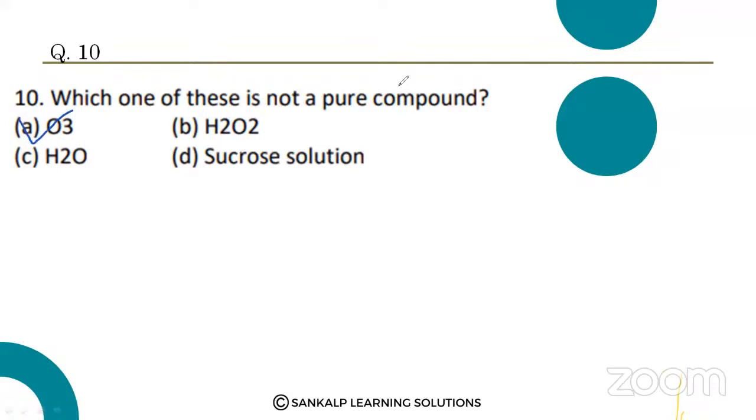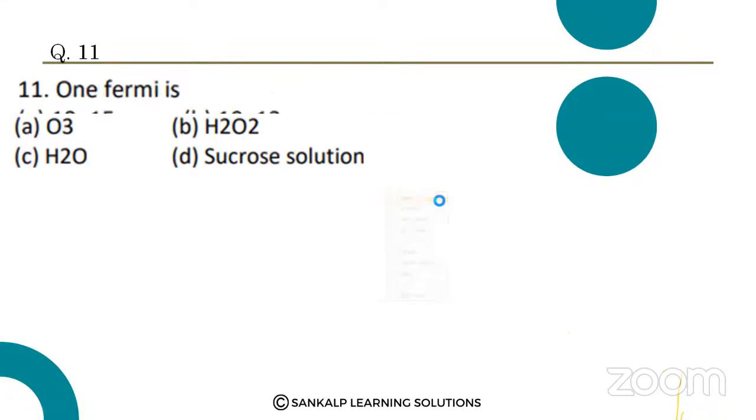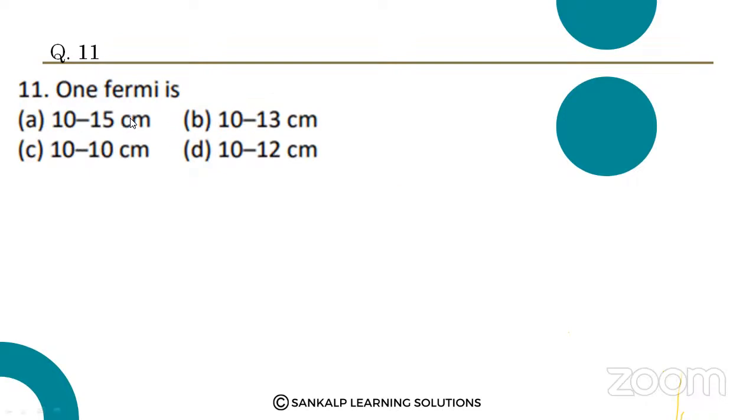Next. 1 Fermi is, okay. It is asked in centimeters, so you have to answer in centimeters. 1 Fermi is 10 raised to minus 15 meters.